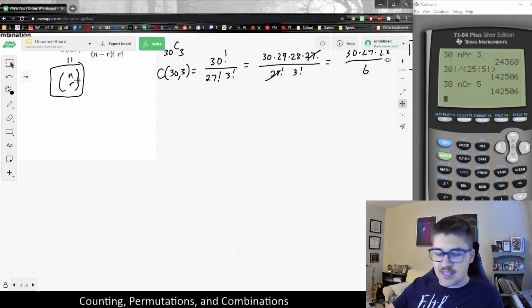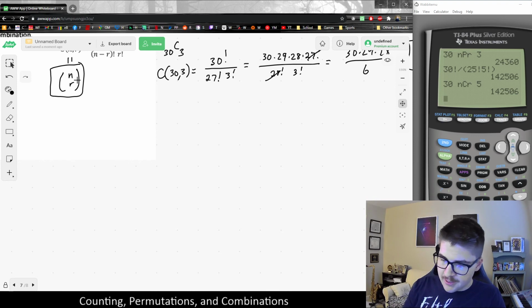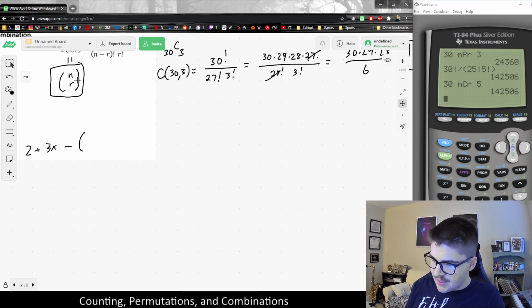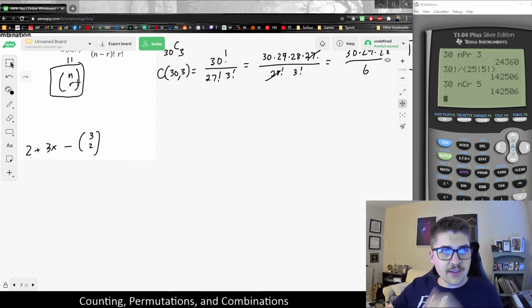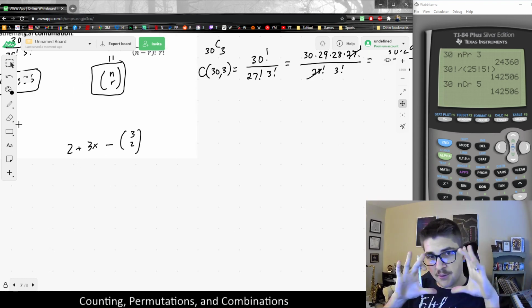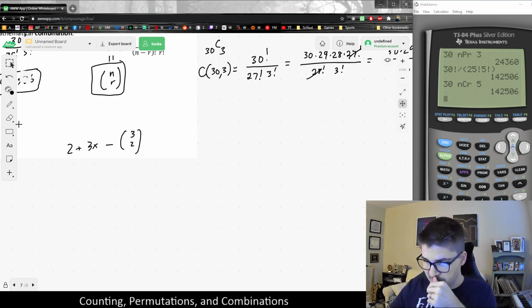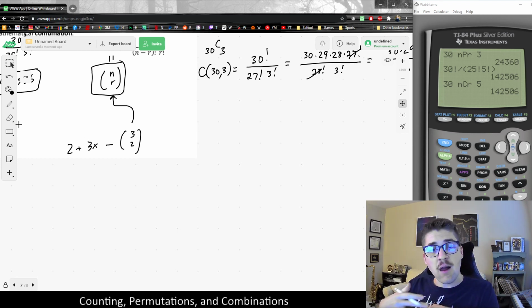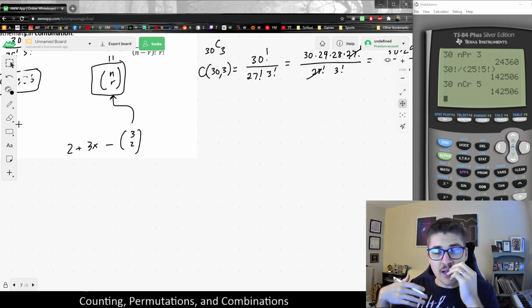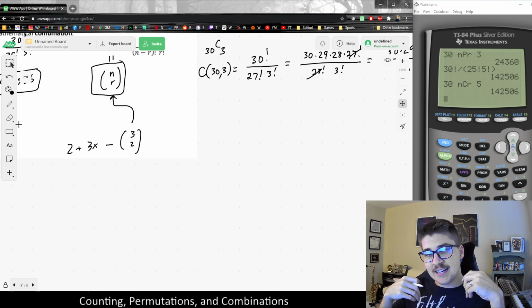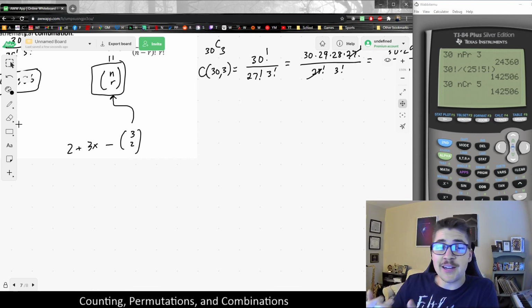So if you ever see in a mathematical equation something like 2 plus 3x minus and then 3 over 2 in parentheses, this is always a shorthand for a mathematical combination, in the same way I described before. It's just a different way of writing it, used in the binomial theorem and a few other things.